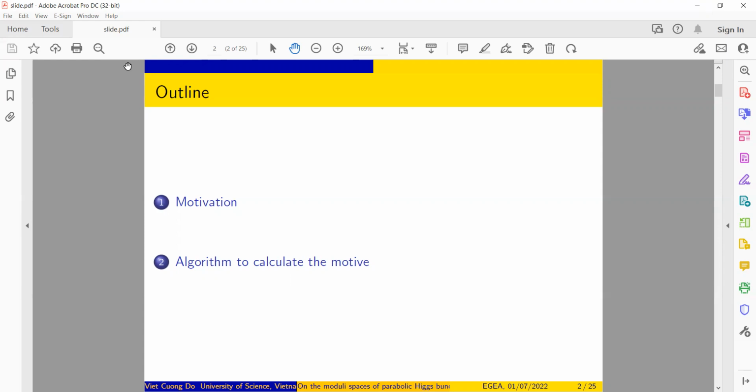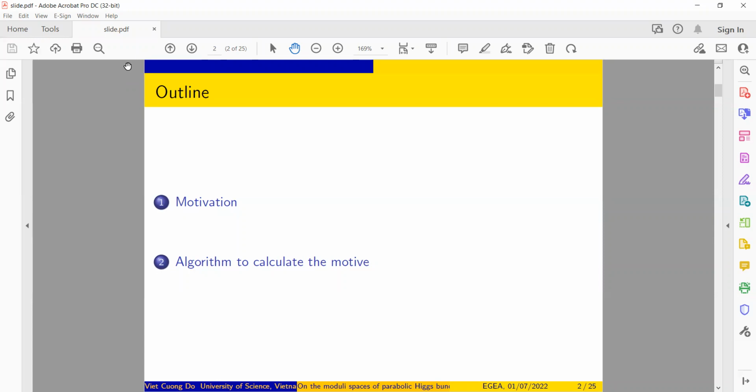In the second part, I give you an algorithm to calculate the cohomology of the moduli space of Higgs bundles. I couldn't hear the motive because I try to make the calculation independent of the characteristic of the base field.